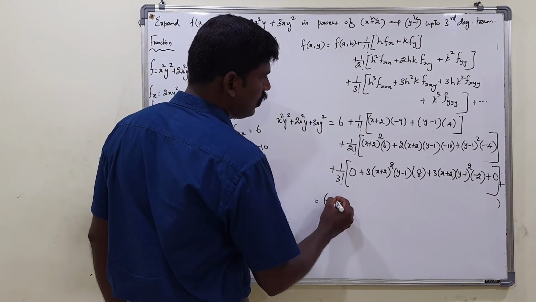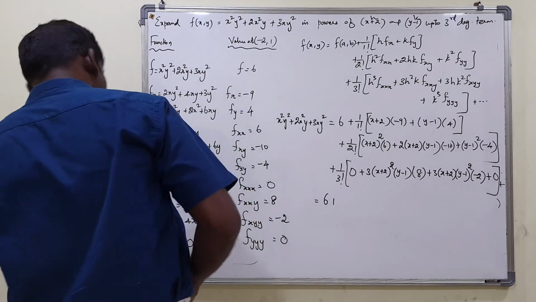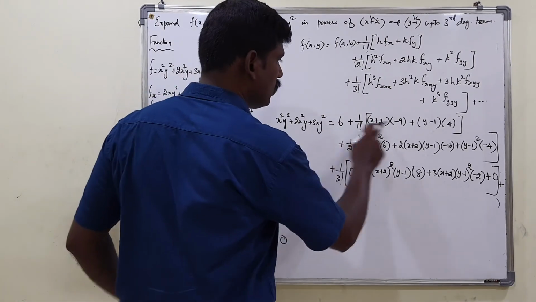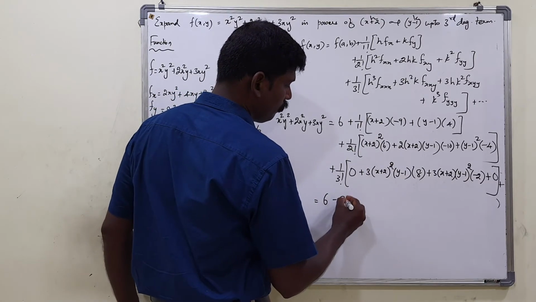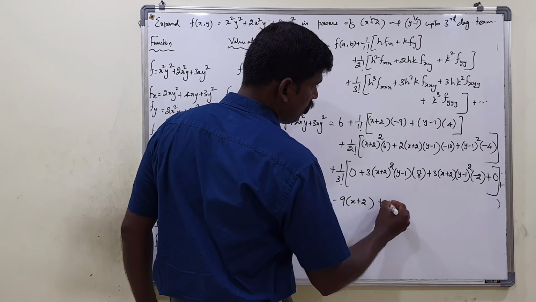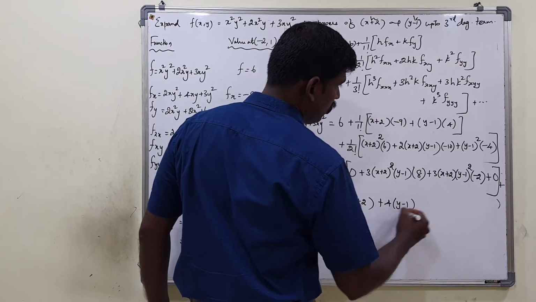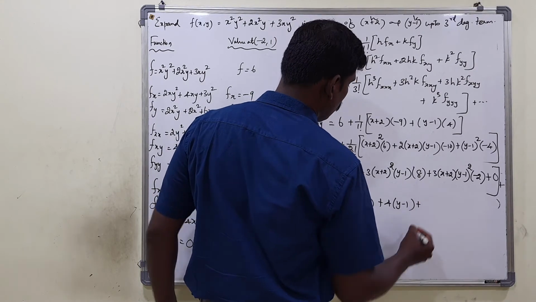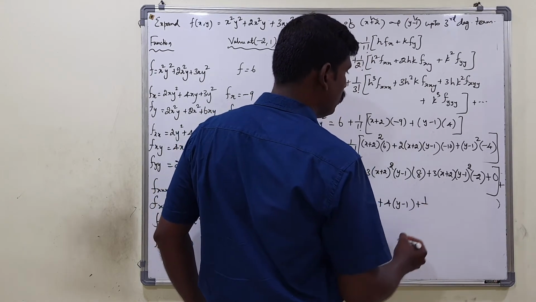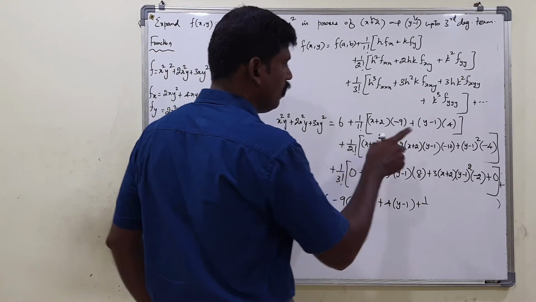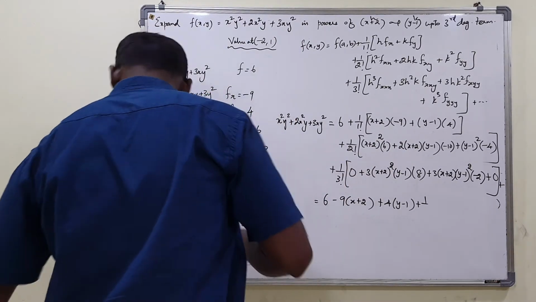6. And then 6 minus 9 into (x+2) plus 4 into (y−1) plus 1 by, shall we multiply that 2 inside the bracket? 2 factorial is 2. You can multiply this inside the bracket, okay?